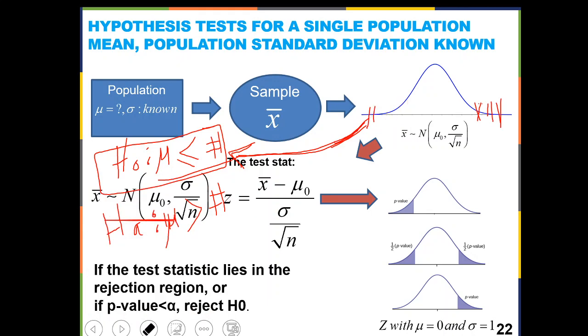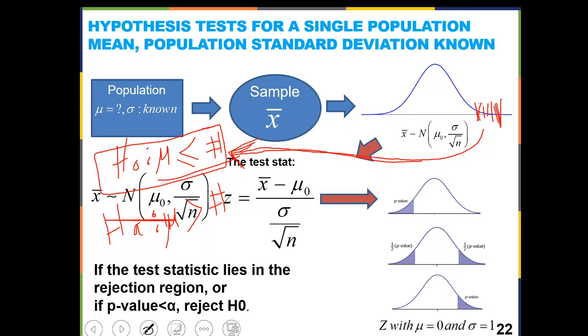So we don't care about this side because that side doesn't provide any information that we can use. It is this side that is going to provide information that we can reject this. But the question is, let's say they say this is 15 and you find 17. Is 17 bigger than 15? Yes, but how big? Is it big enough for us to reject? Well, that's the idea we're going to talk about here.